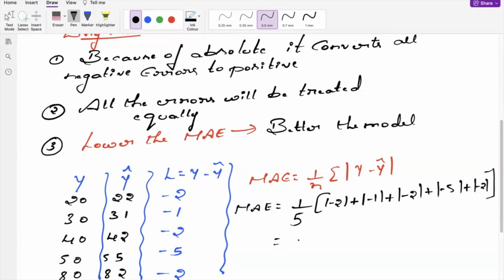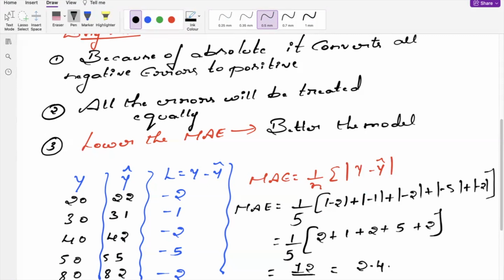Because of this absolute value, it converts our negative numbers into positive, so it becomes 2 plus 1 plus 2 plus 5 plus 2. Sum everything: 5 plus 10, 10 plus 2, it's 12 by 5. 5 twos are 10, 0.5 fours are 20, so 2.4.